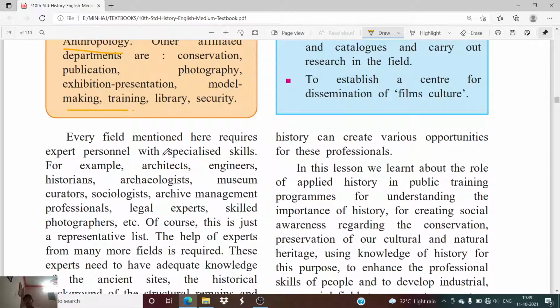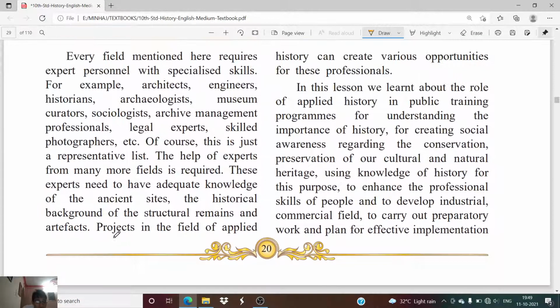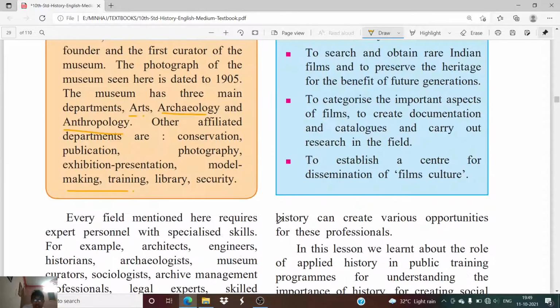Now, every field mentioned here requires expert personnel with specialized skills, for example architects, engineers, historians, archaeologists, museum curators, sociologists, archive management professionals, legal experts, skilled photographers, etc. Of course, this is just a representative list. The help of experts from many more fields is required. These experts need adequate knowledge of the ancient sites and the historical background of the structural remains and artifacts. Projects in the field of applied history can create various opportunities for these professionals.